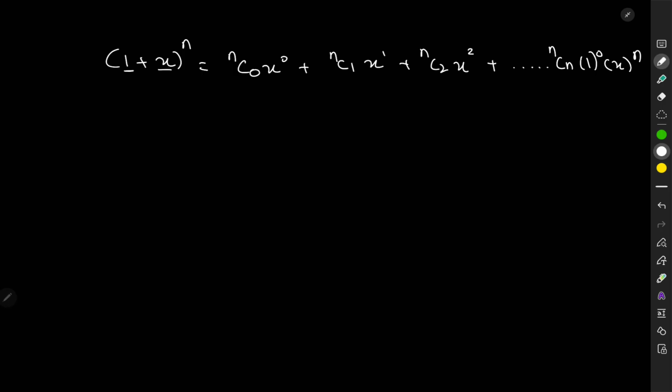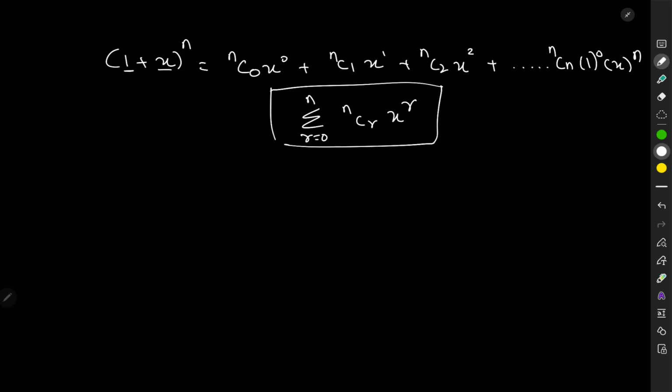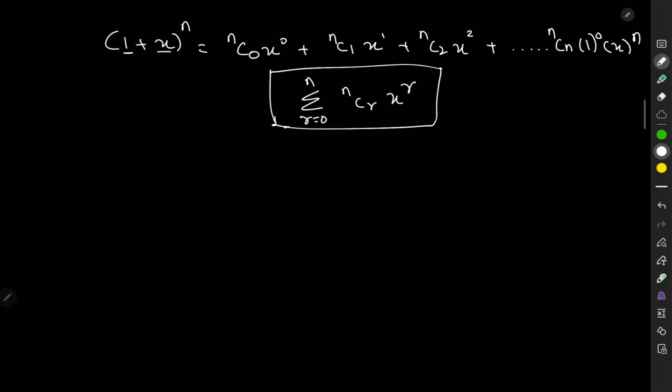So this is how the expansion will be. So in general I can write, r starts from 0 to n, NCr x to the power r, right? This is the general term or the sigma equation, whatever you call it, right?